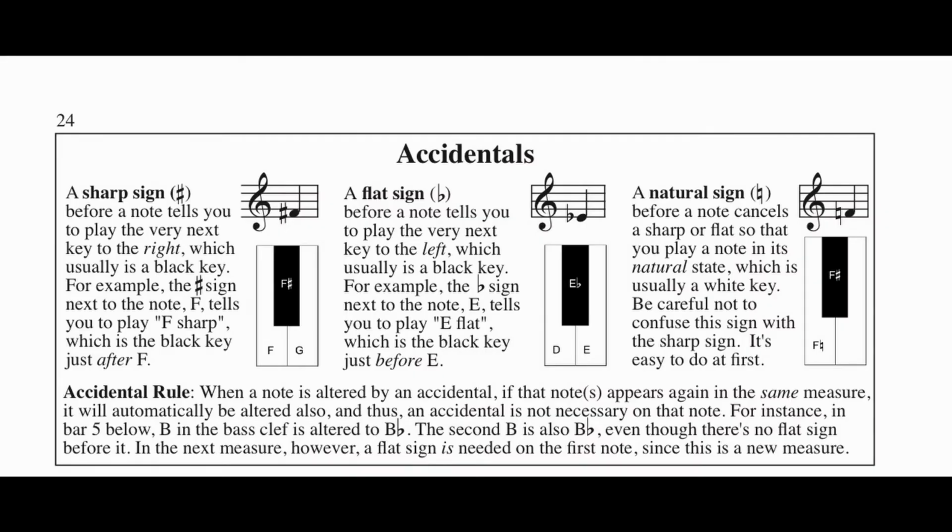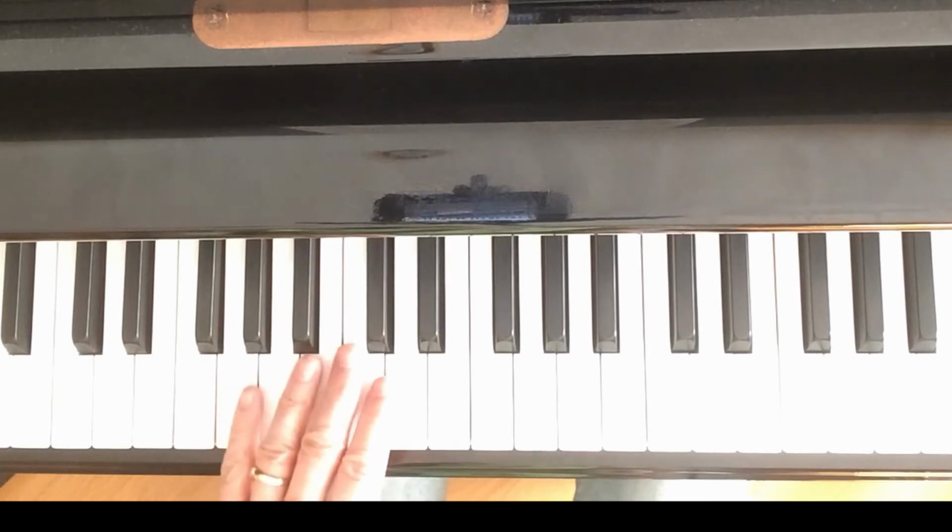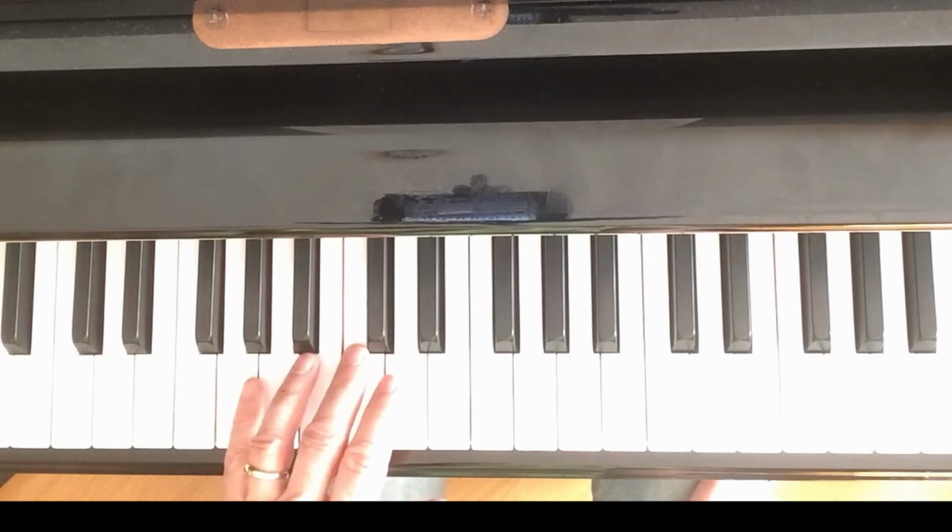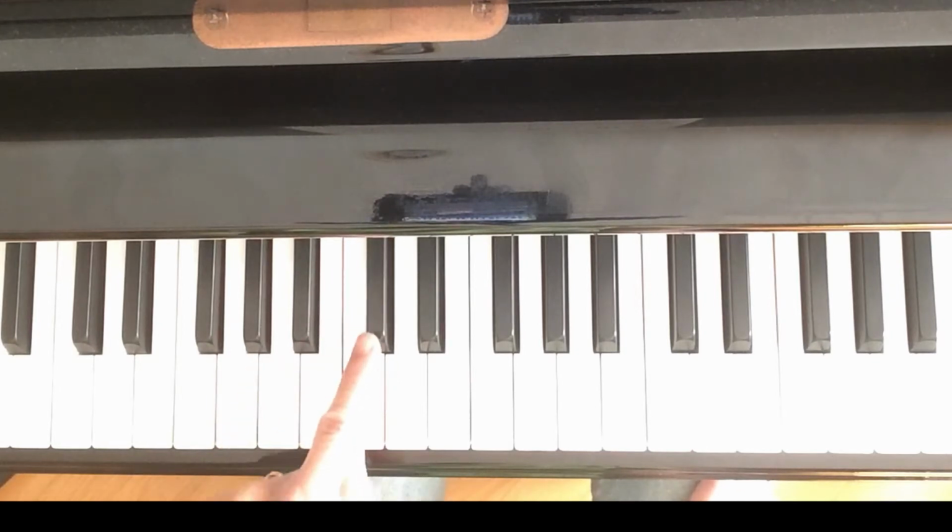Okay, last lesson on page 24 we talked about accidentals, which, if you recall, means that we just raise or lower a note by half step. So if I was starting on C and there was a sharp sign in front of that C, it means that I play C sharp, which is one key up.